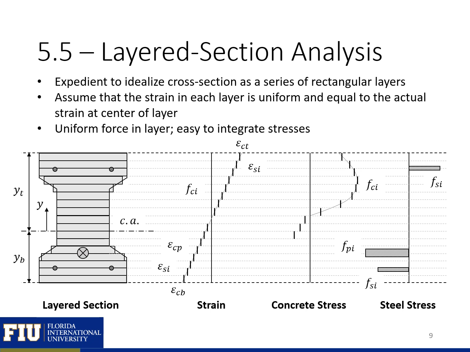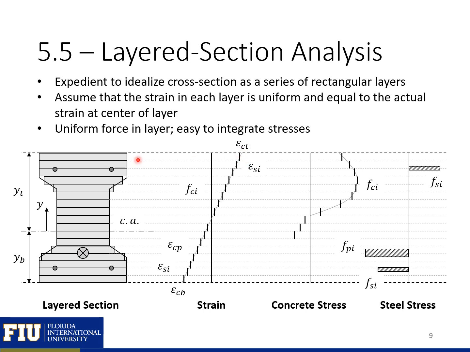In the layered section analysis approach, what we do is we idealize the cross-section as a series of rectangular layers. So you can see we have our cross-section, we have different shapes, but we break the cross-section into a series of rectangular layers throughout the depth. We need to assume that the strain in each layer is uniform and equal to the actual strain at the center of that layer.